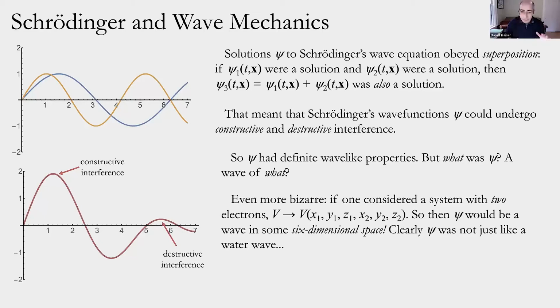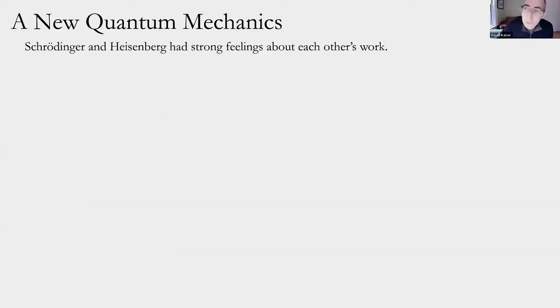In fact, it seemed to live in some higher dimensional abstract mathematical space that would quickly become known as configuration space, rather than the space in which we seem to move around every day. So that was what Schrödinger began publishing as early as January 1926. He wrote a series of papers very quickly, one after the other, in a 4-part series throughout that winter and spring of 1926.